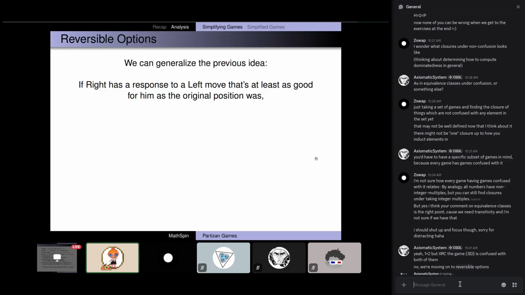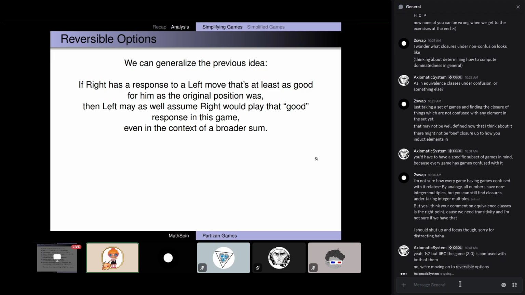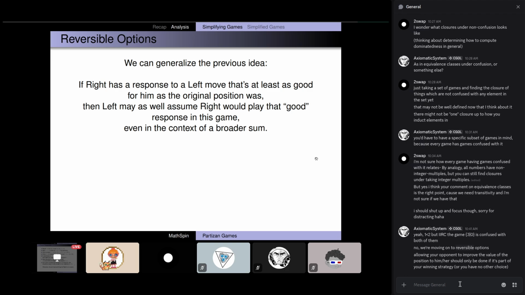That's a response that's so good it kind of obsoletes the original thing we're talking about. If right has a response that good, we better be ready for it if we're going to consider this move at all. So left may as well assume that right would play that good response, even in the context of some broader sum, because it kind of obsoletes the original game when right makes that good response.